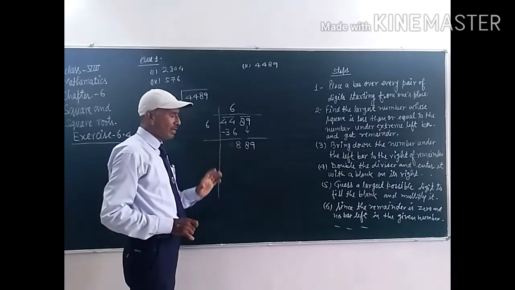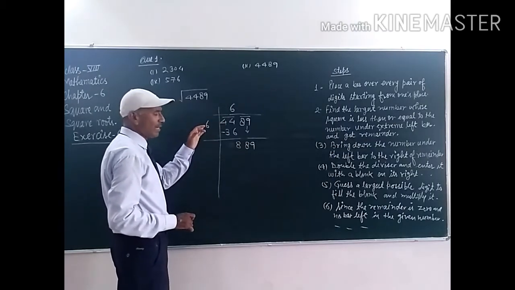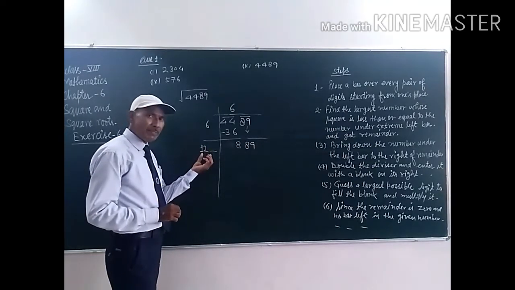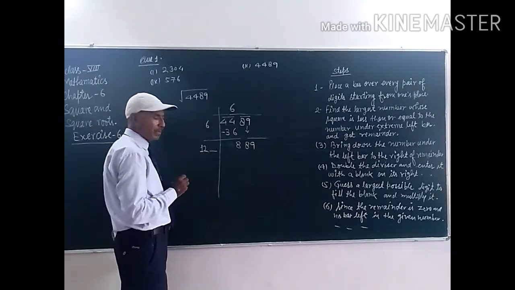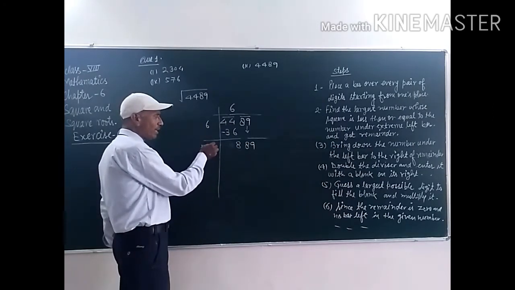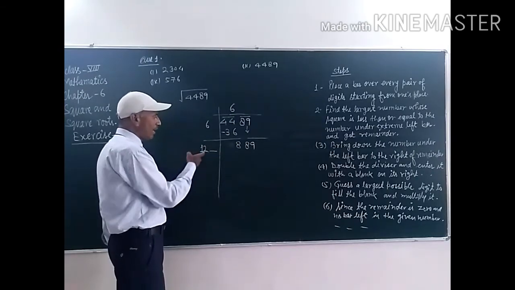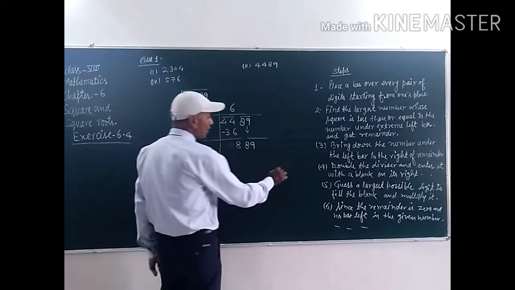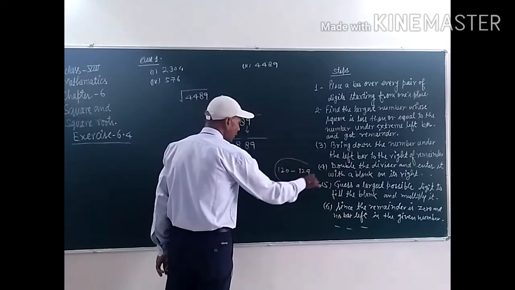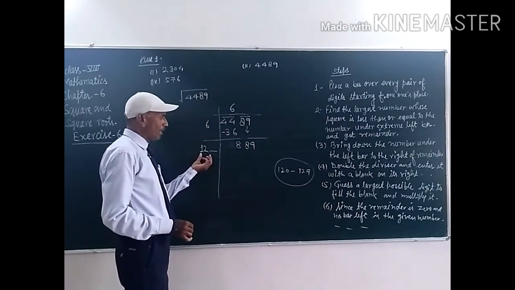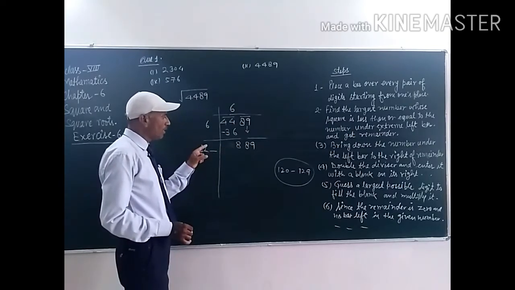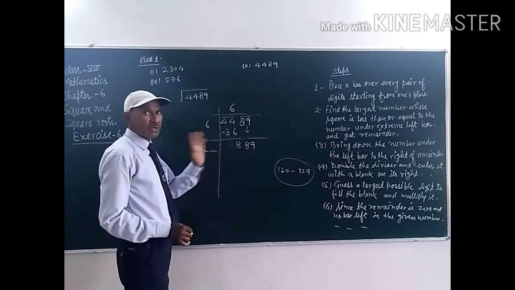Now we double the divisor, 6 twos are 12, and leave a blank to the right of the number, where we have to put a number from 0 to 9, so the place value of this number will be from 120 to 129.